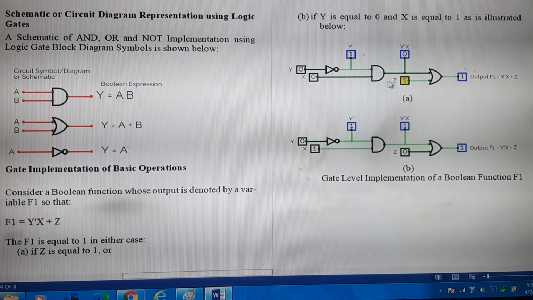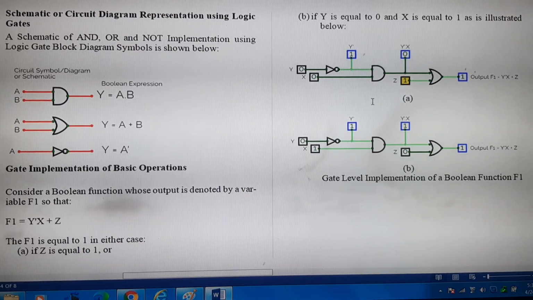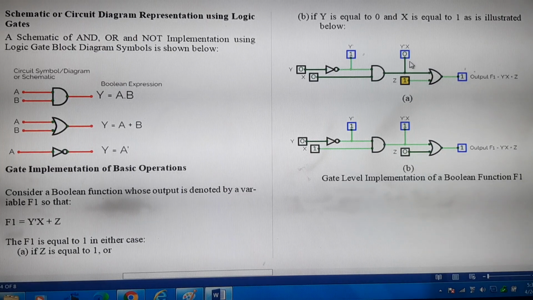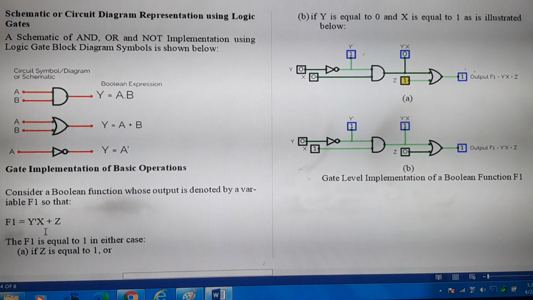There is an AND gate for the term y prime x and an OR gate that combines z with y prime x. So in this function f1 we are having two terms.